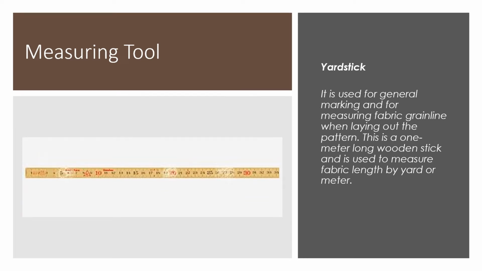It is used for general marking and for measuring fabric grain line when laying out the pattern. This is a 1 meter long wooden stick and is used to measure fabric length by yard or by meter.